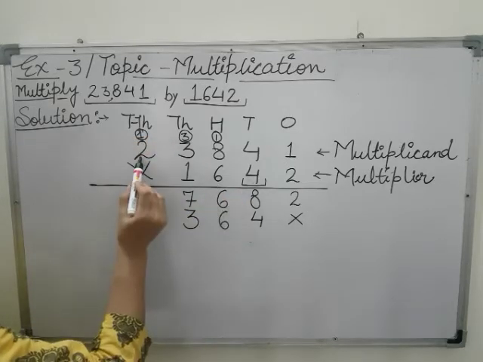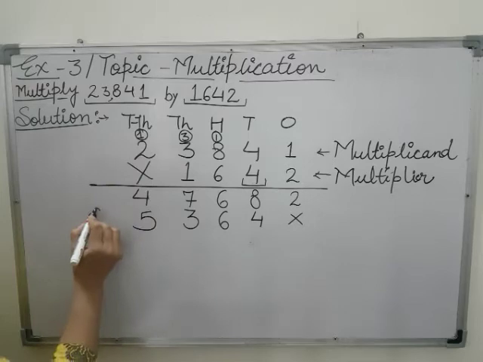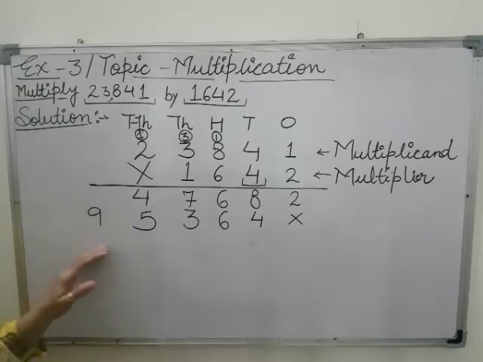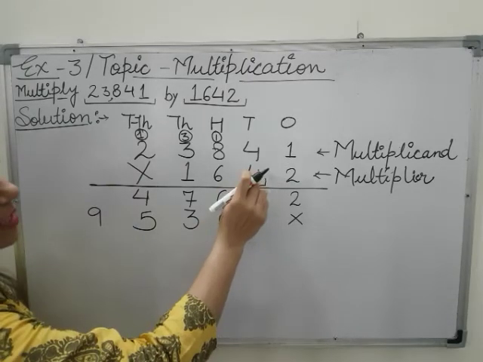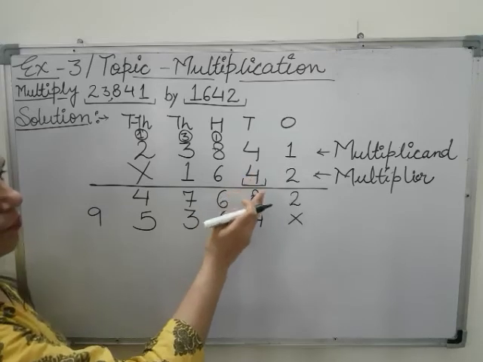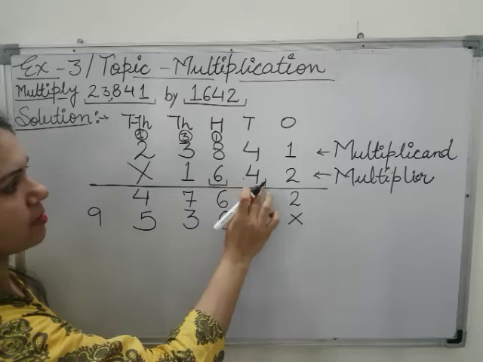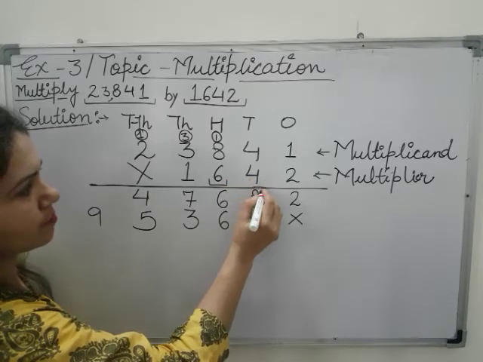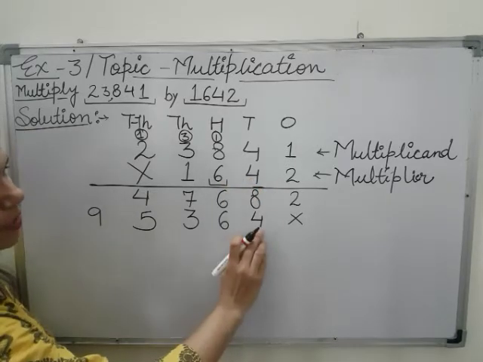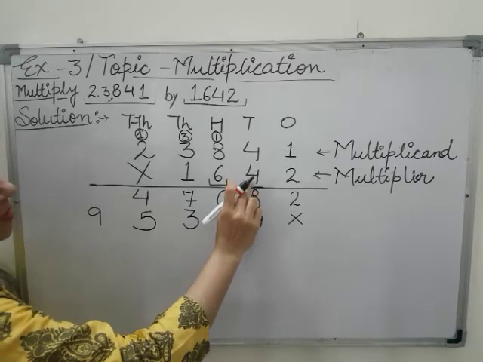Now 4 twos are 8, 8 plus 1, 9. Now we have done the multiplication with 4, which is the tens place, and then we are moving to the next place, which is the hundreds place, and here we got the product for the tens place.